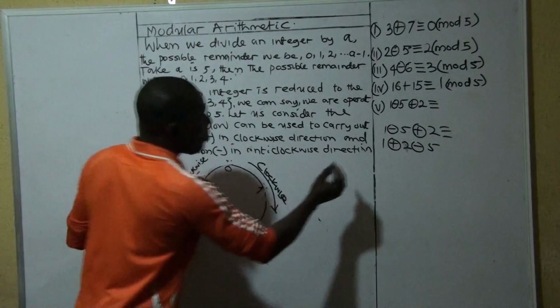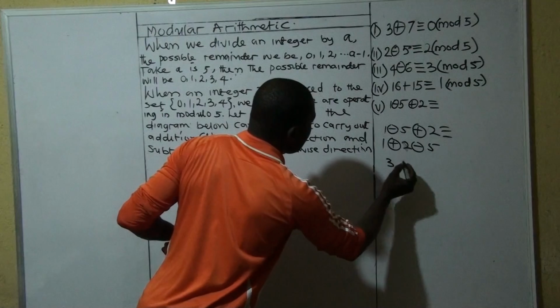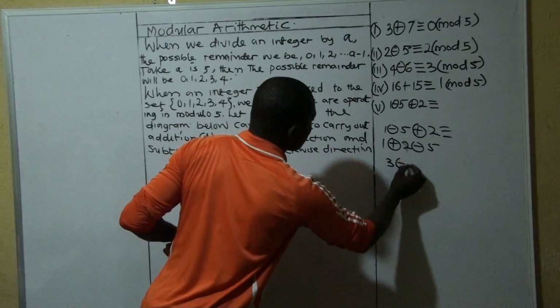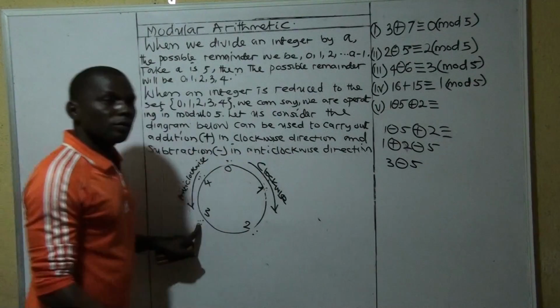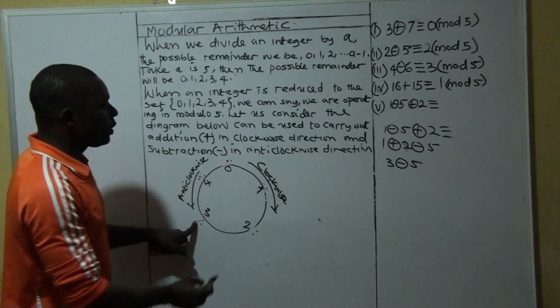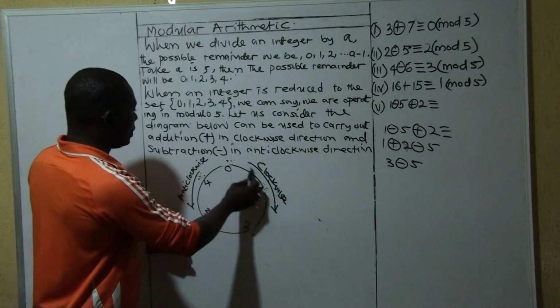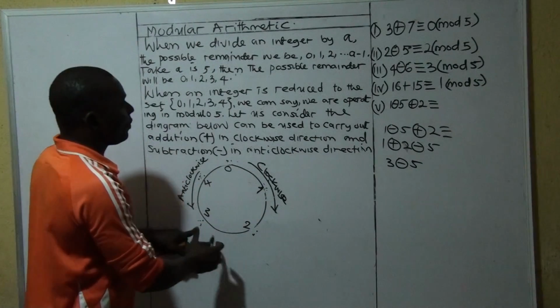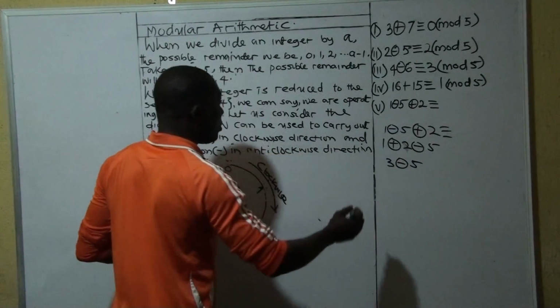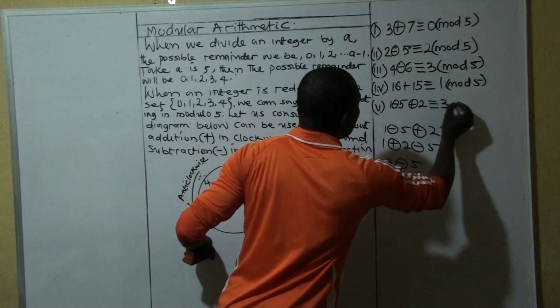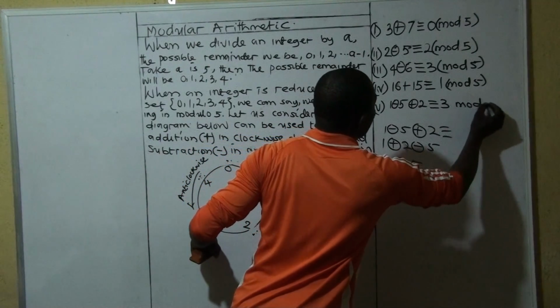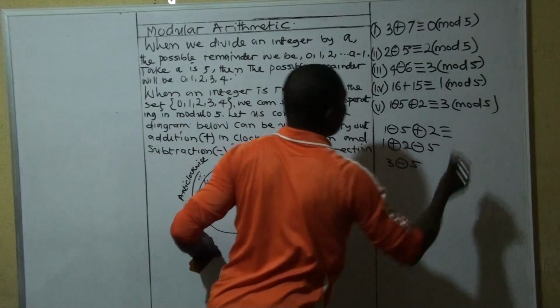So this will now be 3. Then you stand here and count anti-clockwise 5 times: 1, 2, 3, 4, 5. So our answer will be 3 modulo 5.